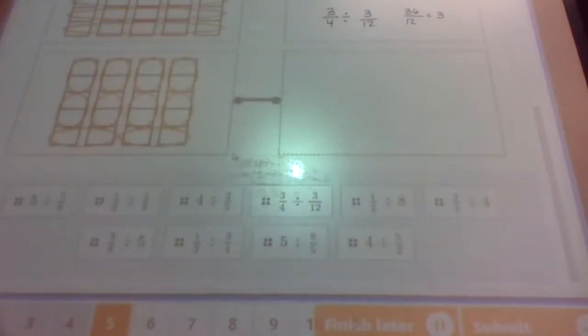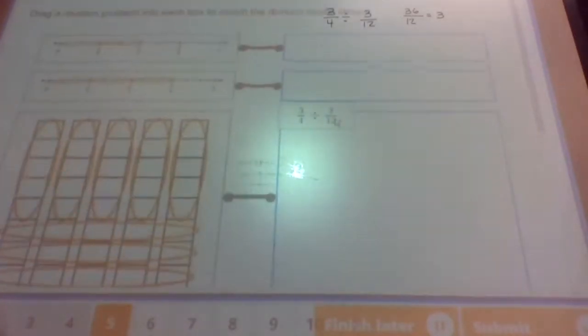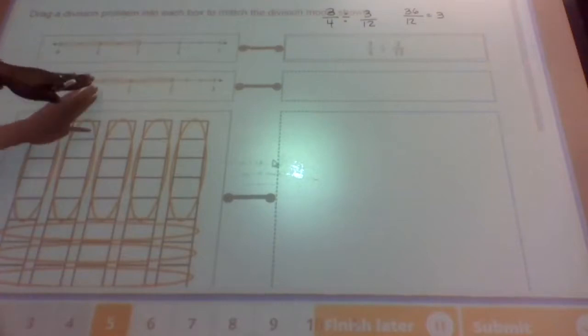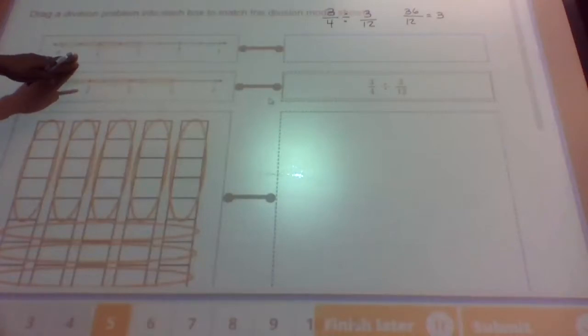So, let's go down and see if we have that answer down there. Right there. All right? So, pick that up and put it there. All right. Now, let's look at, wrong one, oh, it's this one. We mustn't go all the way up to the top. Okay. All right. So, let's look at this one.